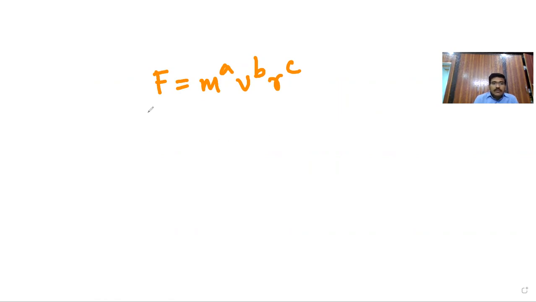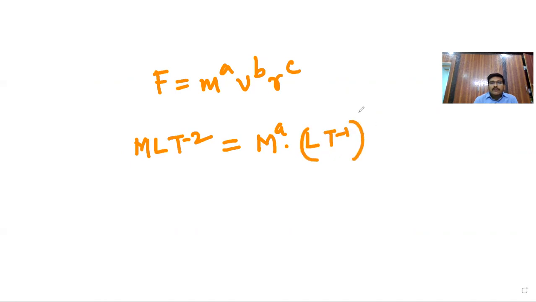So, force on the left hand side has dimension formula M L T to the power of minus 2, which is equal to mass M to the power of a into velocity, dimension formula L T to the power of minus 1 whole to the power of b, and radial distance is L whole to the power of c.